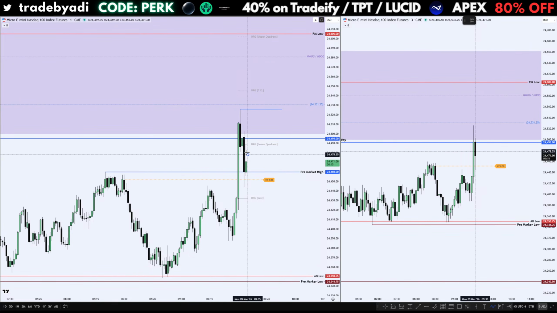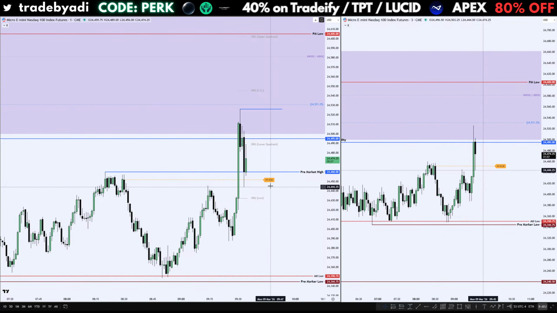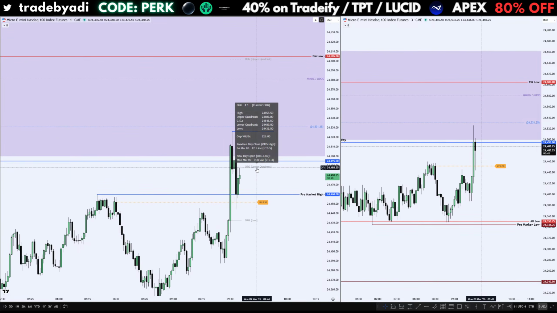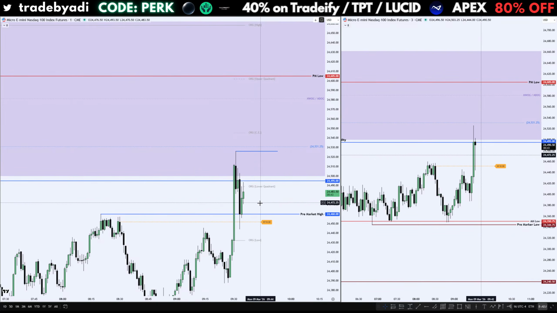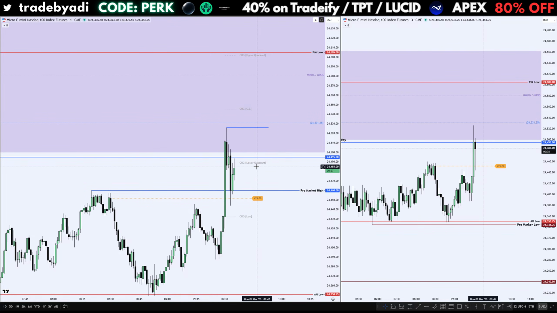I'm expecting something like this. If we were not closing the body above this opening range gap, the lower quadrant, the 25%, then I was expecting, okay, we can get a reaction from this area only.